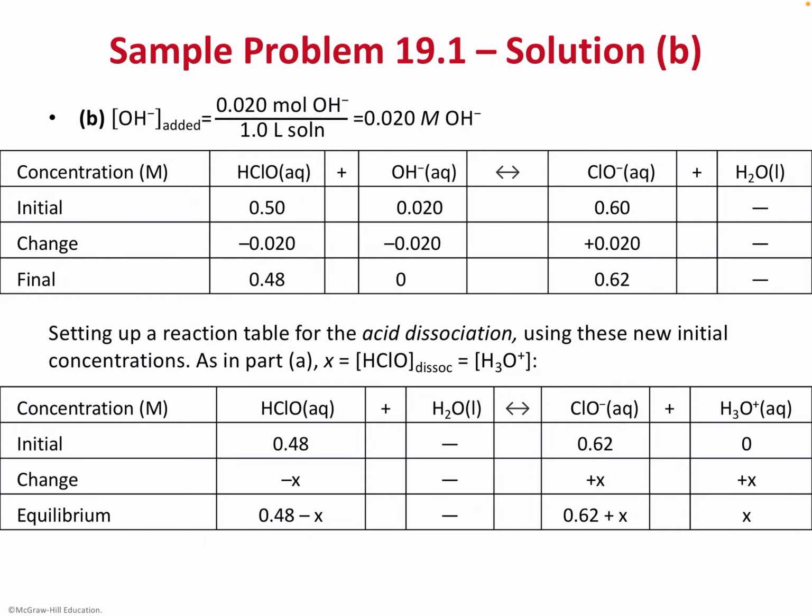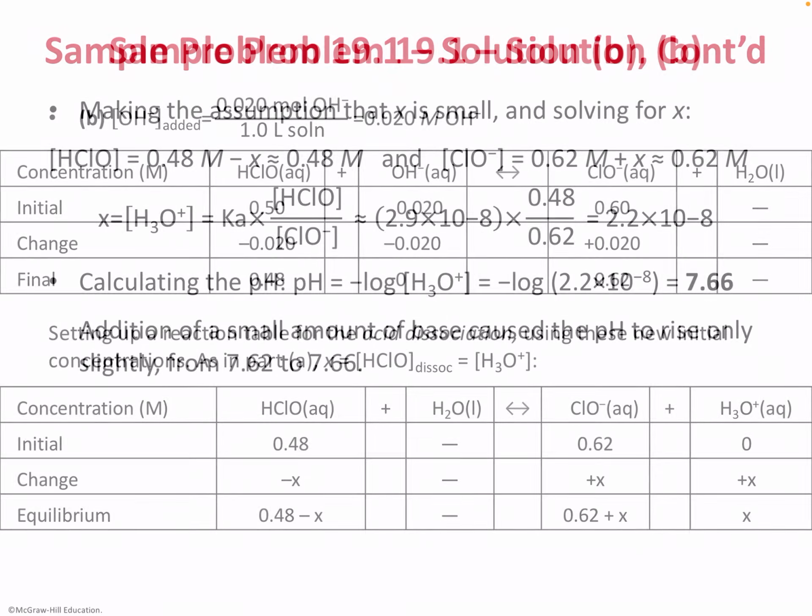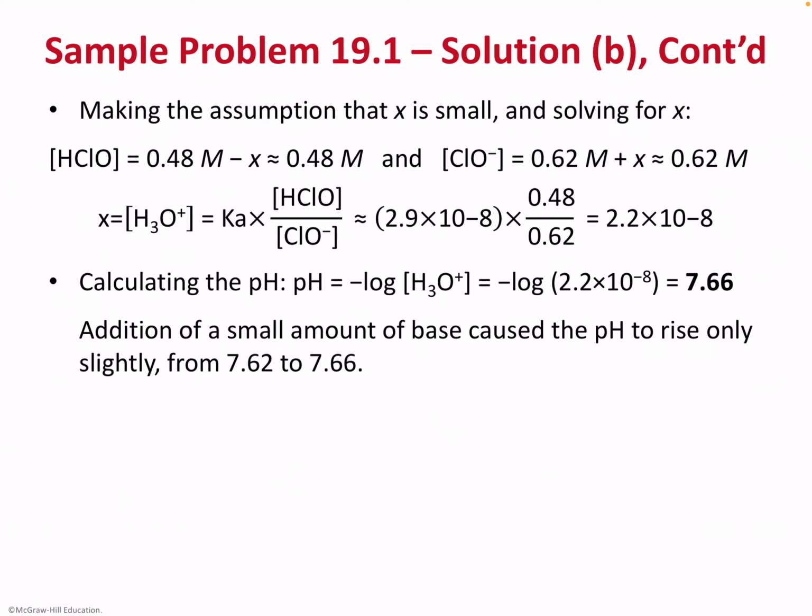Now we're going to calculate hydronium ion with the same equation, making the assumption that x is small and solving for x. 0.48 minus x equals 0.48, and 0.62 molarity plus x also 0.62.